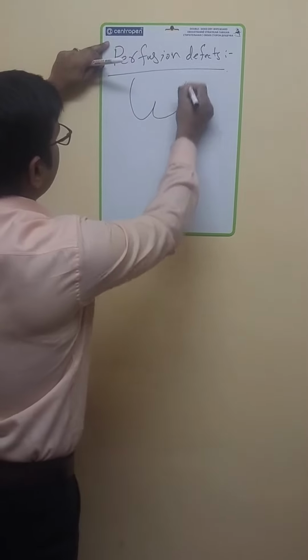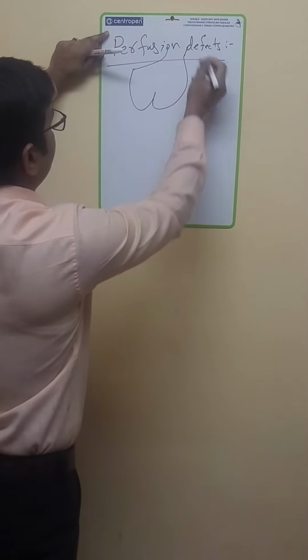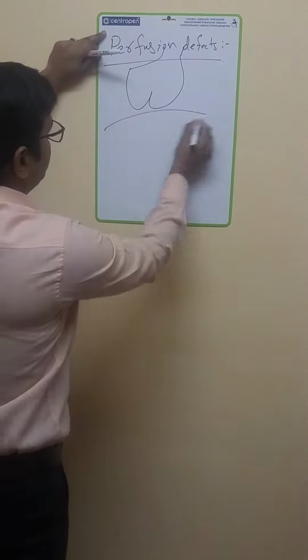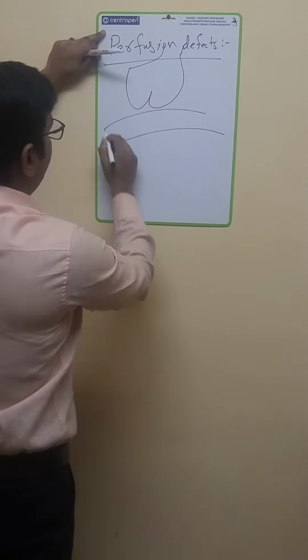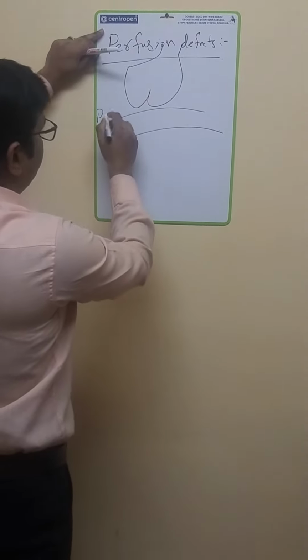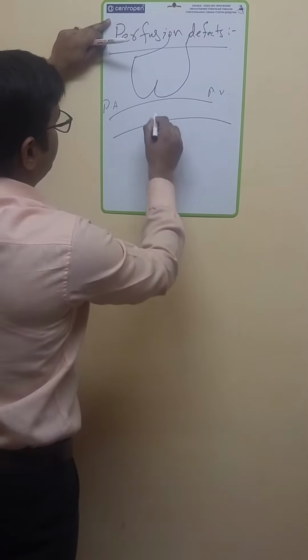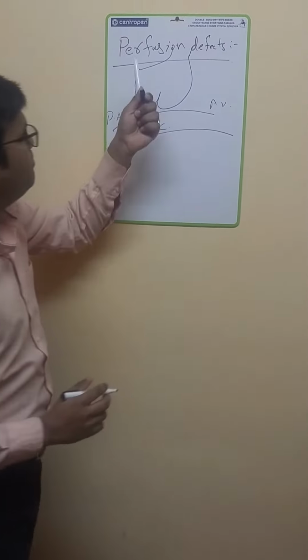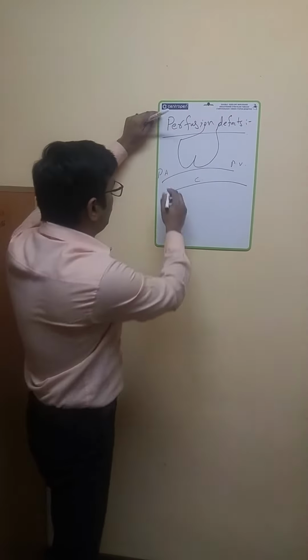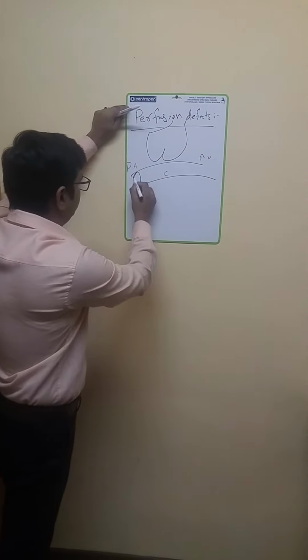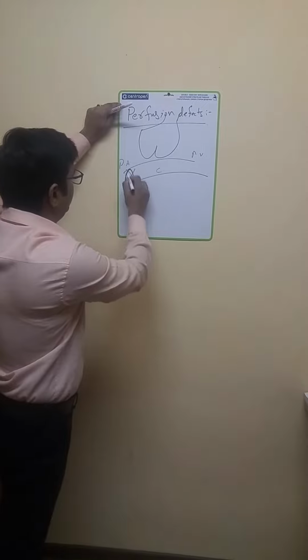Again, this is the alveolus. This is the capillary bed. This is the pulmonary artery, this is the pulmonary vein, and this is the capillary bed. Now, in perfusion defect, there is obstruction here. There is obstruction present here.